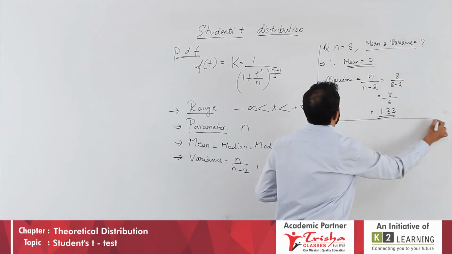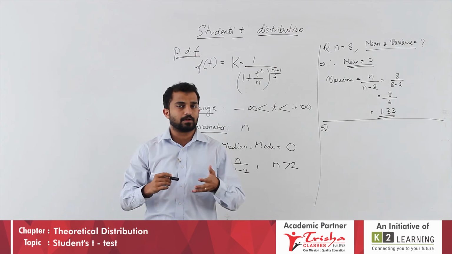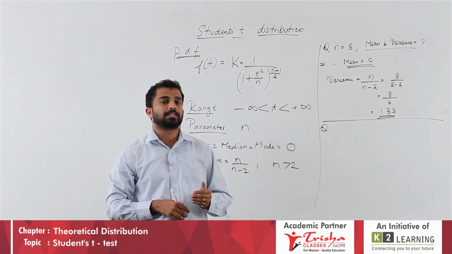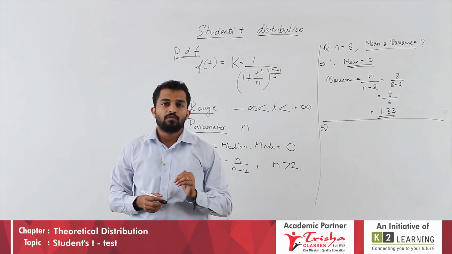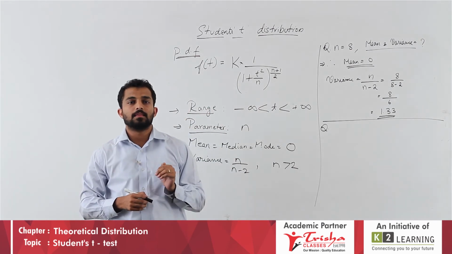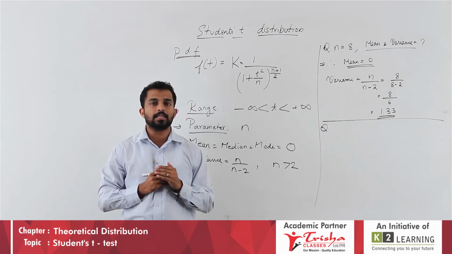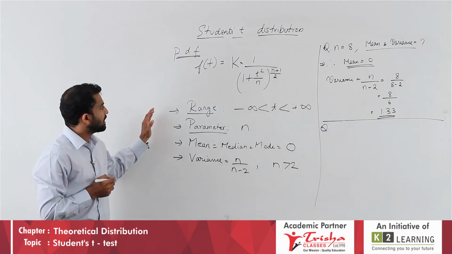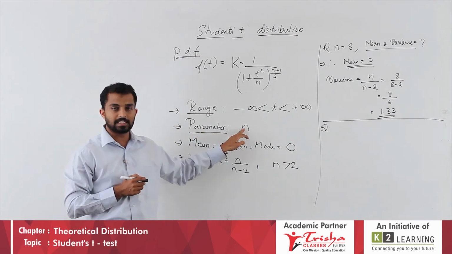Imagine another question, students, a slightly different one. This time they will not give you that degrees of freedom is 8. They will say that for a t distribution, the parameter is 10. You immediately need to recollect that the t distribution has only one parameter, which is n.